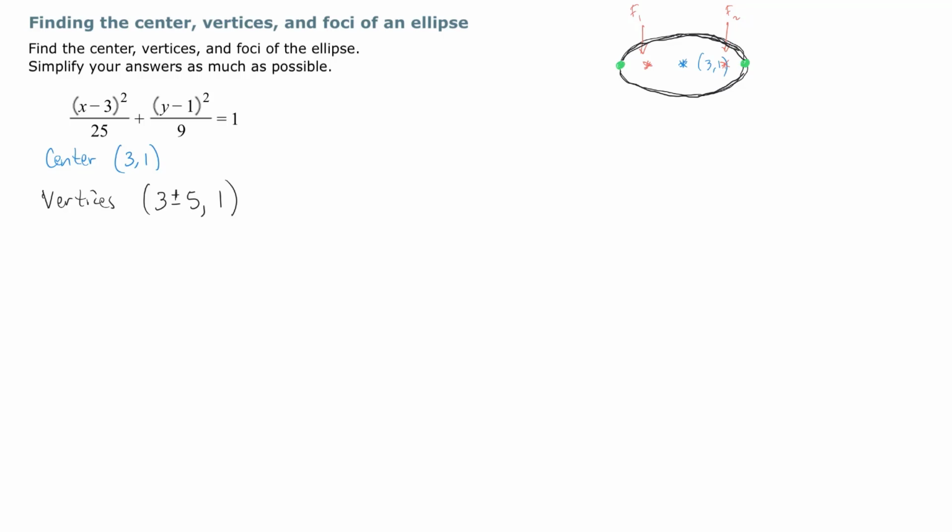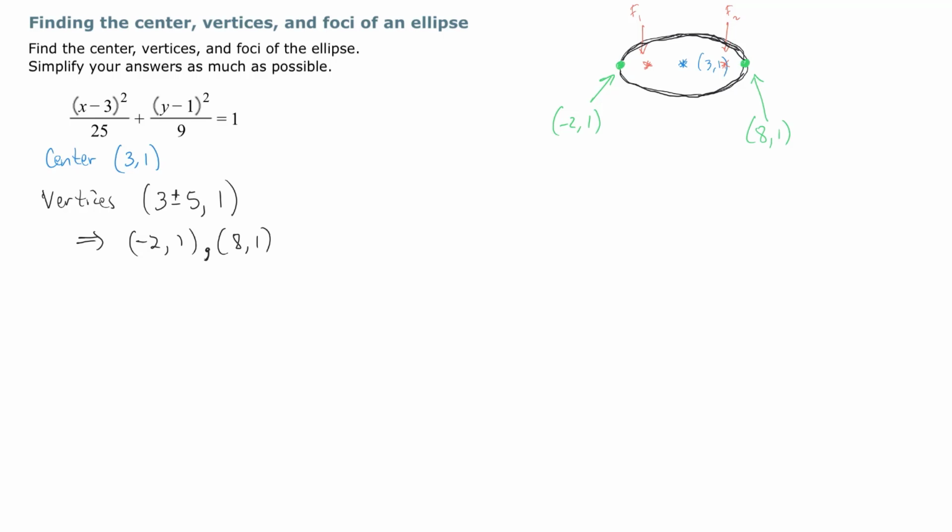Now this is not preferred. It's better to separate the vertices so that you can see two ordered pairs: -2, 1 and 8, 1, with a comma between. Those green dots are labeled -2, 1 and 8, 1.